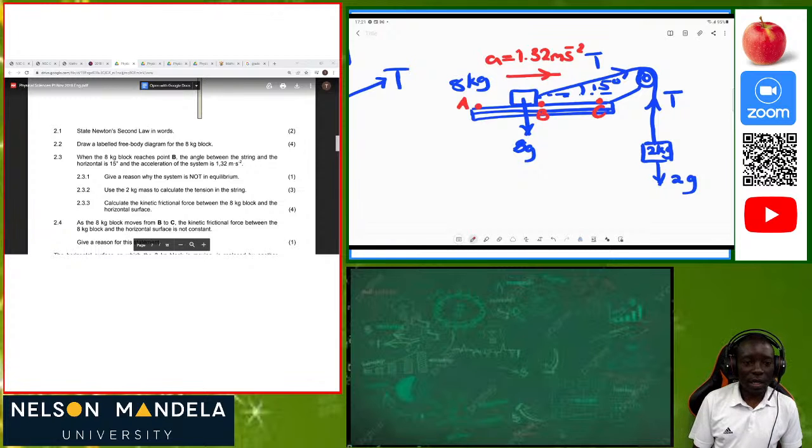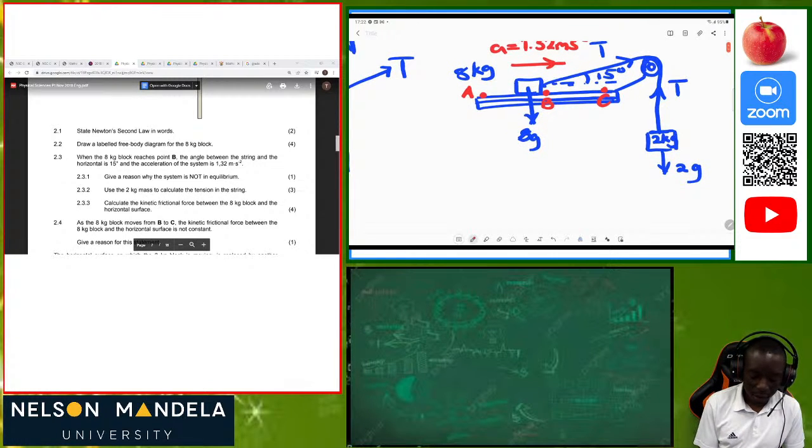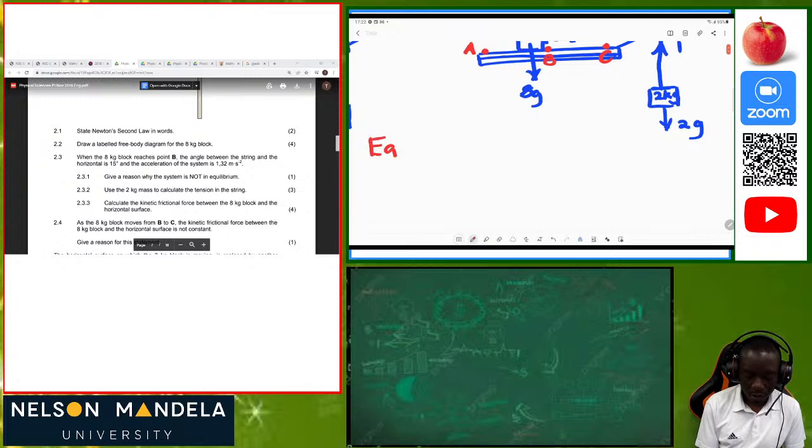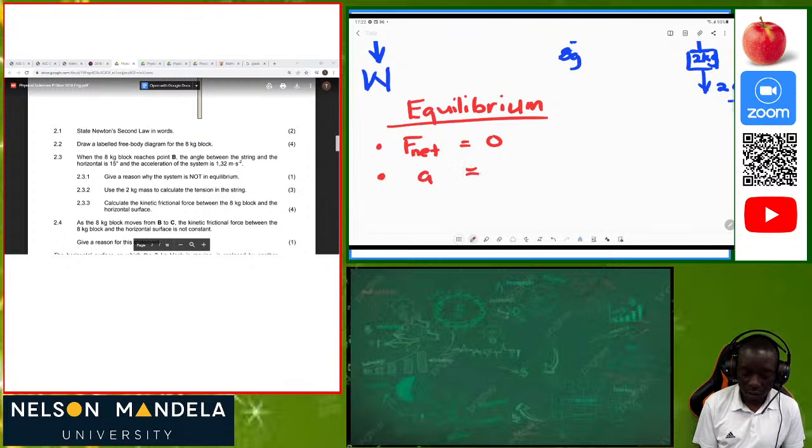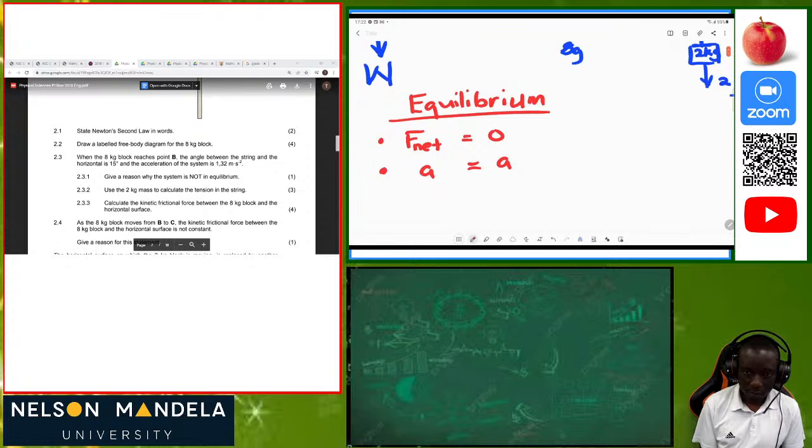So guys, we are saying the question is, why is the system not in equilibrium? So what are the conditions for equilibrium? The conditions for equilibrium are F net equals 0. If F net equals 0, a equals 0. So there's no acceleration when the system is in equilibrium. The net forces acting on the object are also equal to 0.